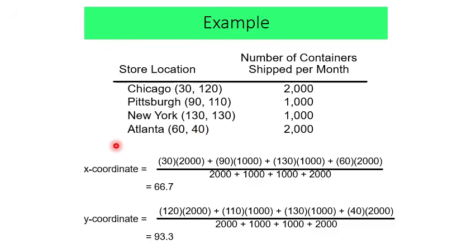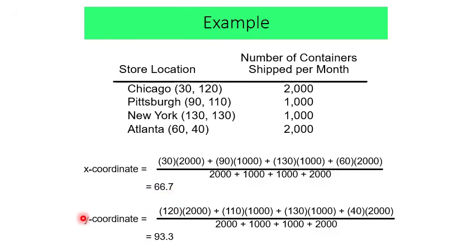In order to get the center of gravity for the X coordinate, we multiply the X with the frequency, and for the other locations, that is 90 with its frequency, 130 with its frequency, 60 with 2000. So we take all X of the locations and multiply those X's with the frequency, and divide by the summation of the frequency, and we get 66.7.